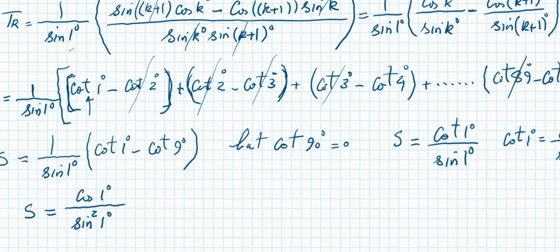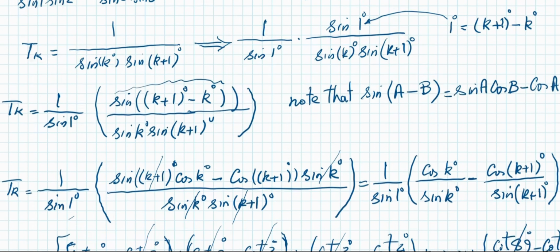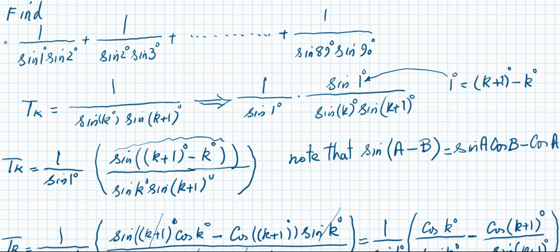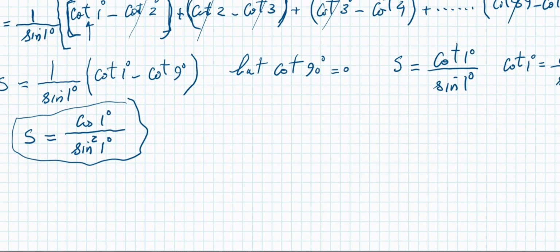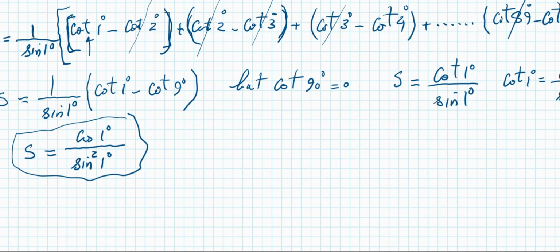So this summation term simplifies to cosine of 1 degree over sine square of 1 degree.